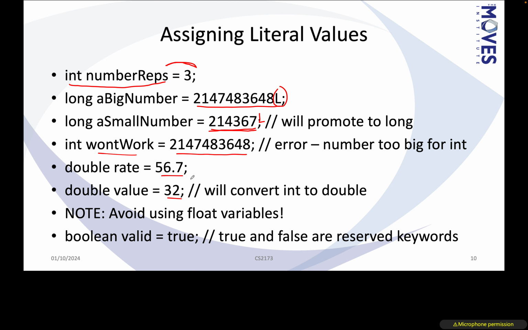So how much would it take to type in .0 here? Oh, my fingers hurt. Okay, avoid using floats, so no examples for that here. Okay, so true and false are reserved keywords. So if I want to set a Boolean to true, then this is how I assign it.